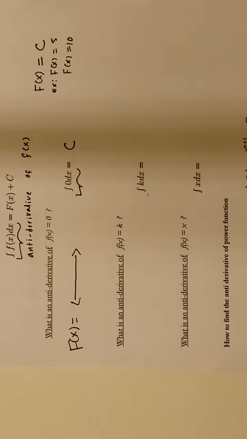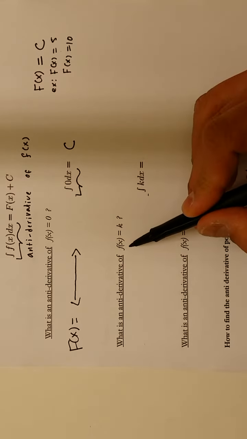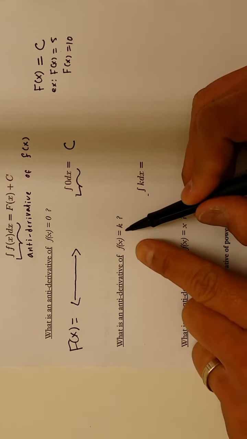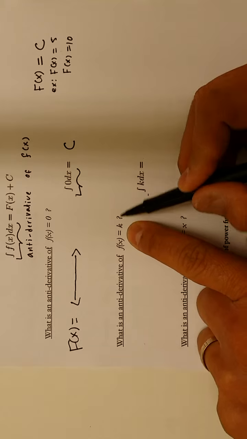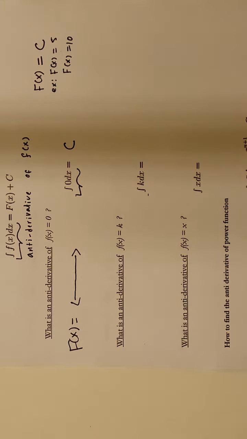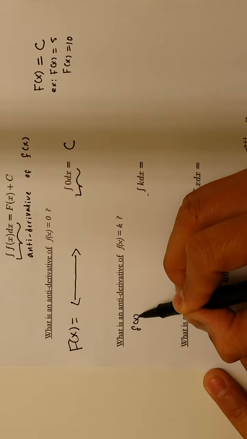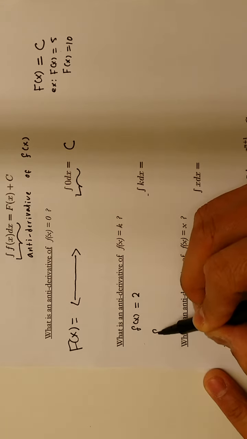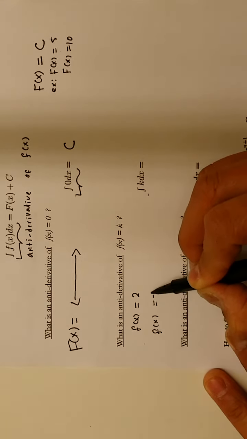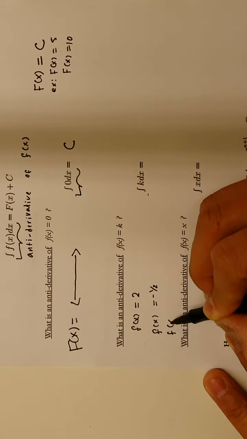What is the antiderivative of the function equal to k? Now k is a number. k could be 1, 2, negative a half, or 10.